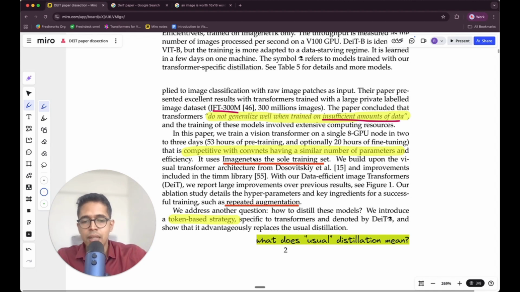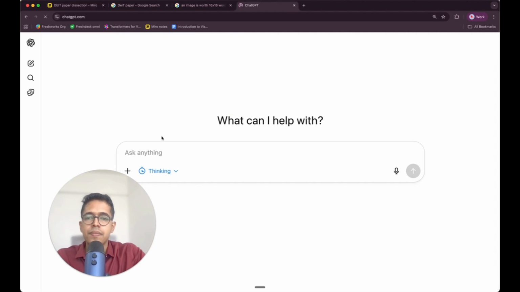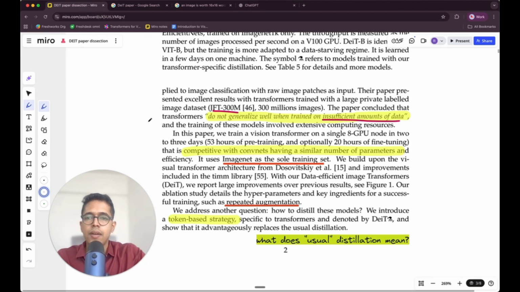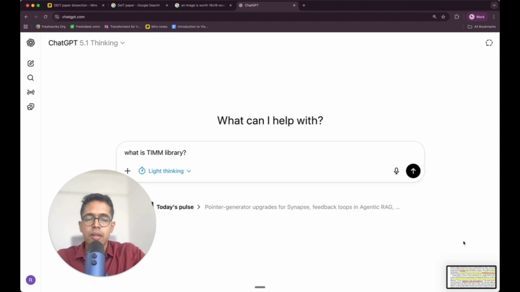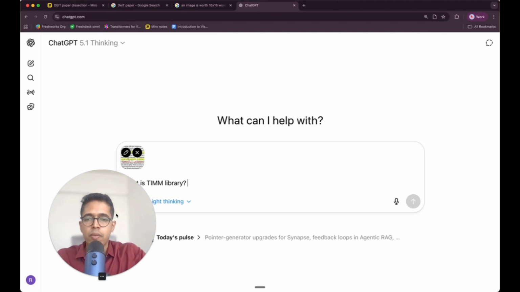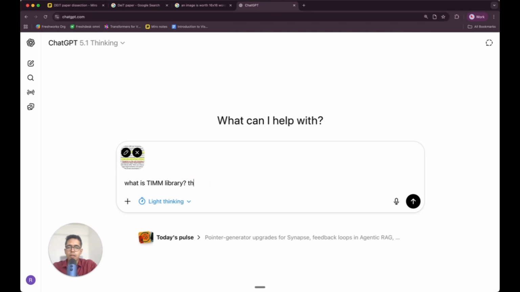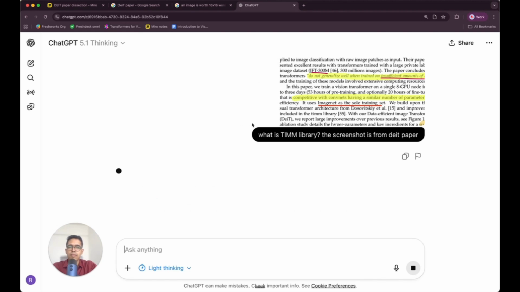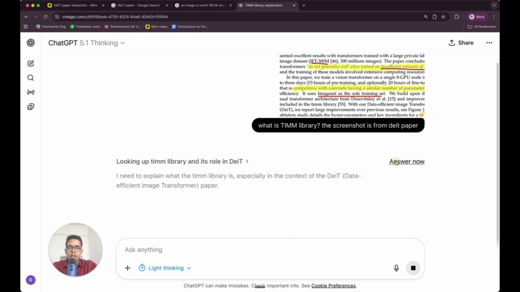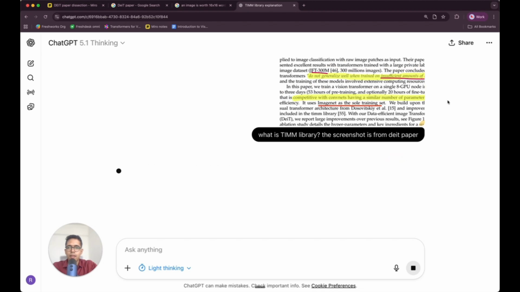I'm interested to see. So let's ask ChatGPT. What is TIM library? And here, maybe I can just take a screenshot and paste it here just to provide the context. The screenshot is from the DEIT paper. Actually, I don't want thinking, just give me the answer.